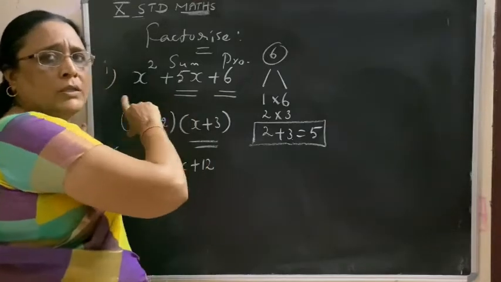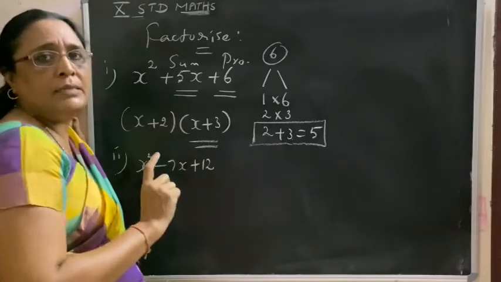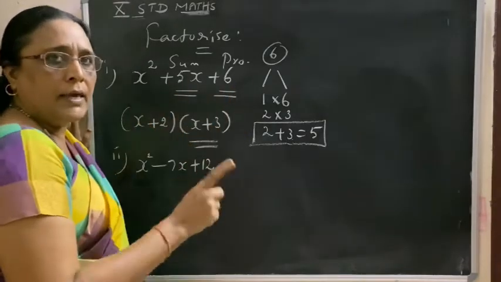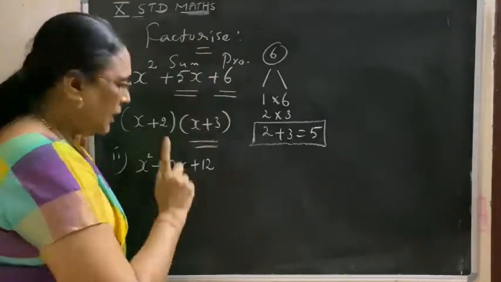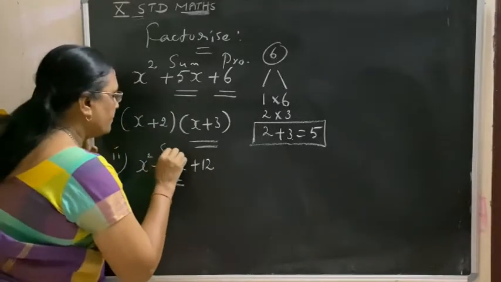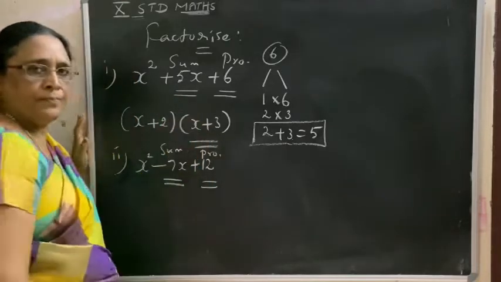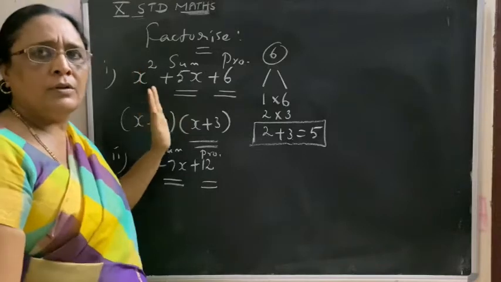In the previous one all the terms are in plus, but in the second sum the center term is in minus. If all the terms are in plus, you have to take the center term as sum and the last term as product. Here also you have to take the center term as sum and the last term as product.